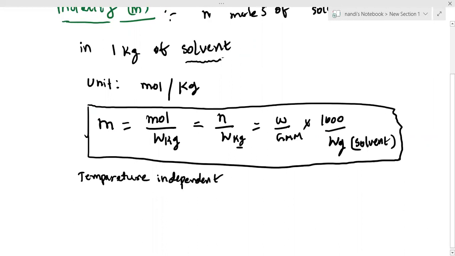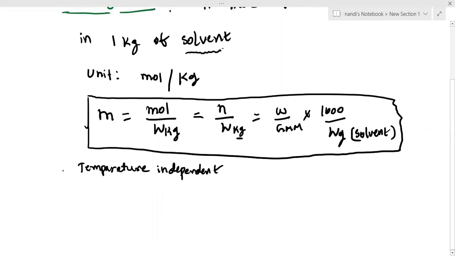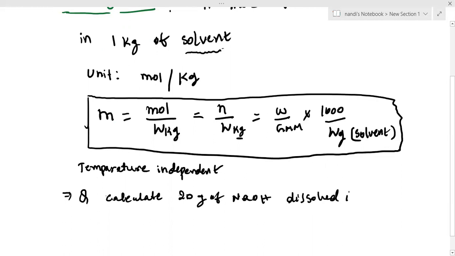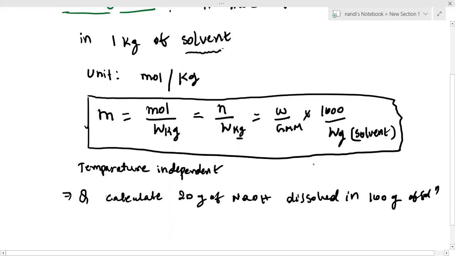So now we can see how to solve using this formula. By using this formula, you can calculate concentration. For example, calculate the molality, small m, of 20 grams of NaOH dissolved in 100 grams of solution.